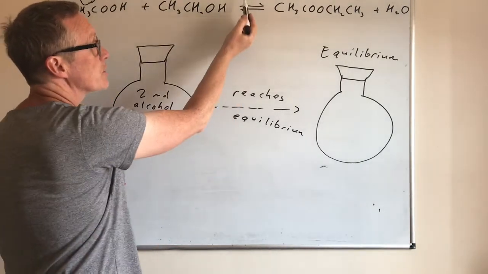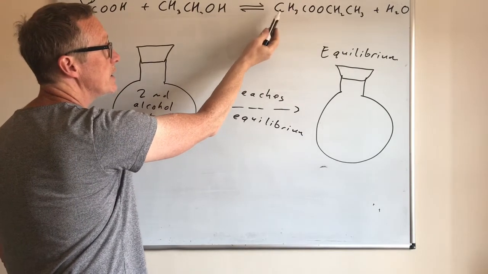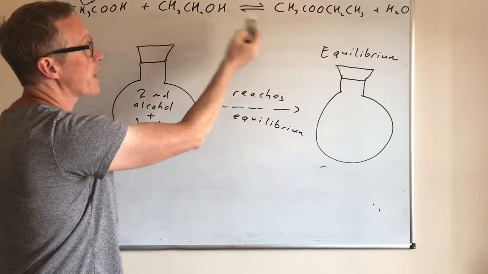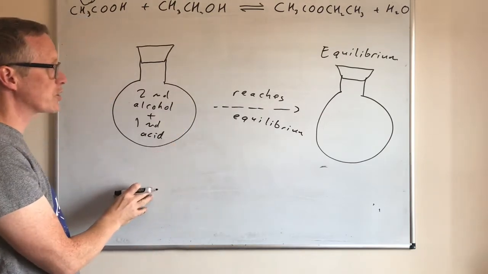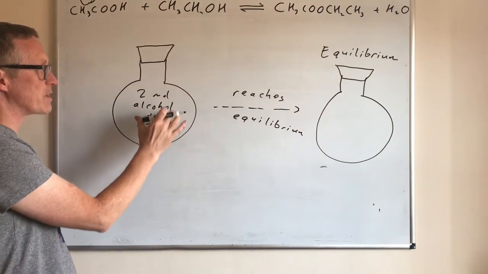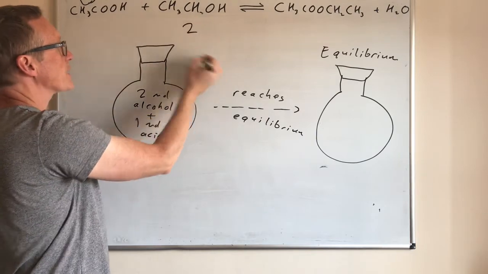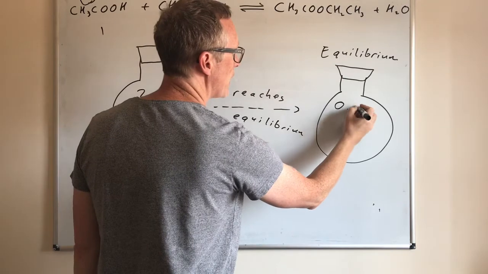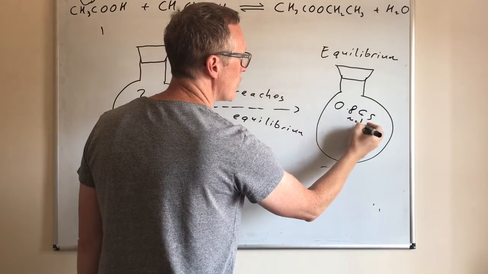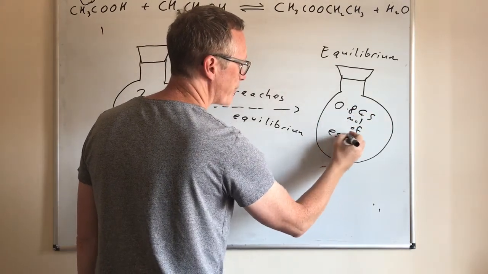But because they're going on at the same rate, the amounts, the moles of all the chemicals, no longer change. Now, what we know, according to the question, is if we start off with these amounts, 2 moles of that and 1 mole of that, you're going to end up with 0.845 moles of the ester.